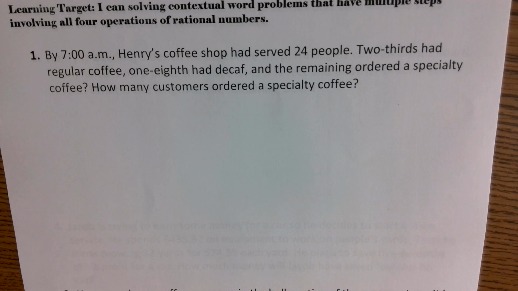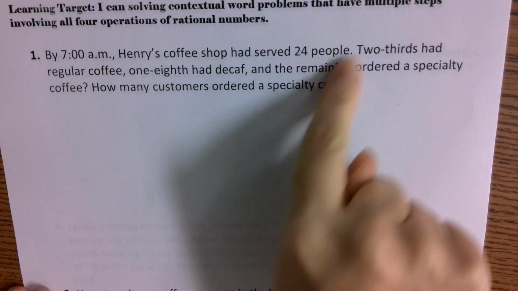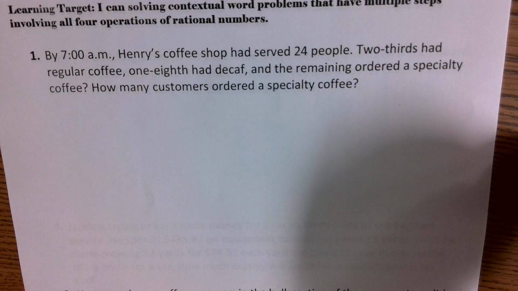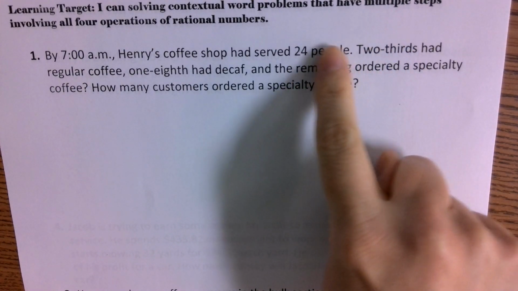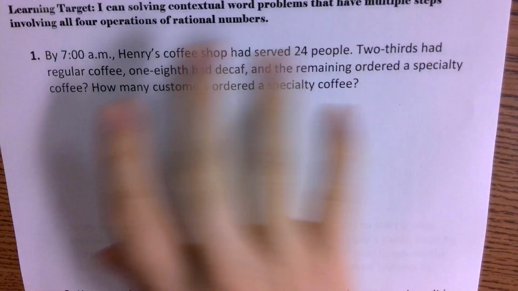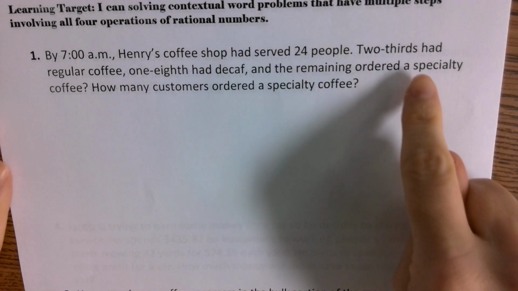So I need to figure out what fraction had specialty coffee first, and then I can multiply it by the 24 people. Or I could do 24 times 2/3 and 24 times 1/8, and then subtract those amounts from 24. There are different things that I could do. So I'm actually going to go with the second part.